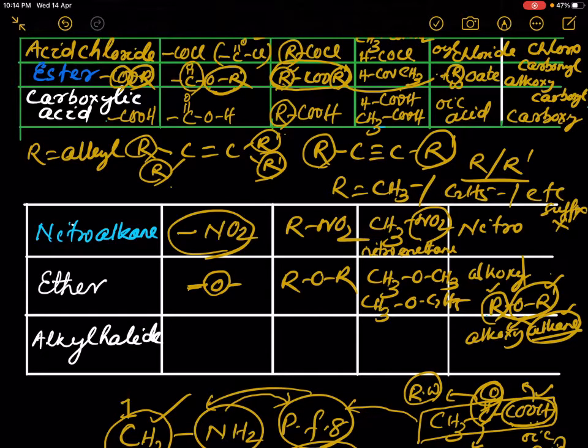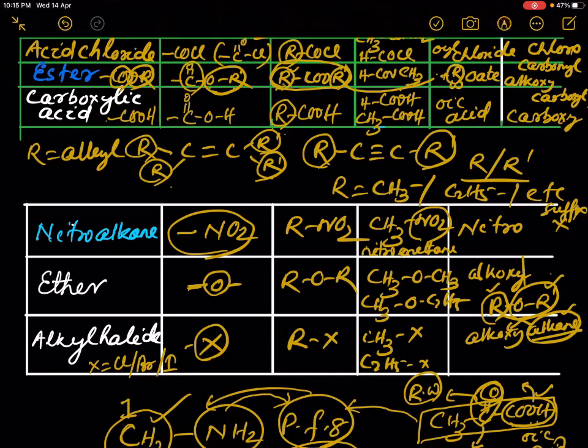Then alkyl halide. Halide means X bonded to R group, general formula RX. R can be CH3X, C2H5X. Here X may be chlorine, bromine or iodine.